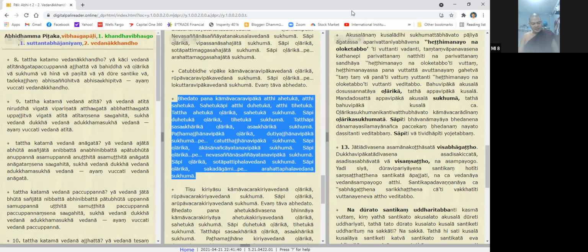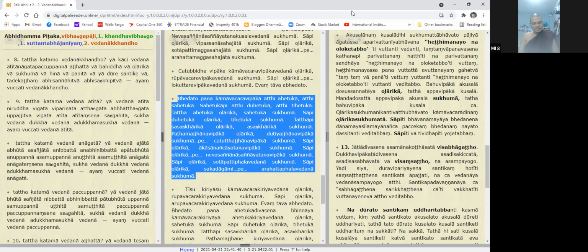So Sabi Olarika, Sotapattiphala Vedana Sukkuma. So Sotapatti, there is no Vipassana Jnana. Here Vipassana Jnana represents only Kusala. So here this is related to Vibhaṅga only.